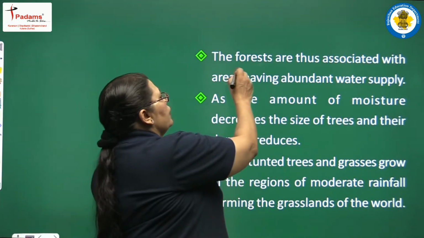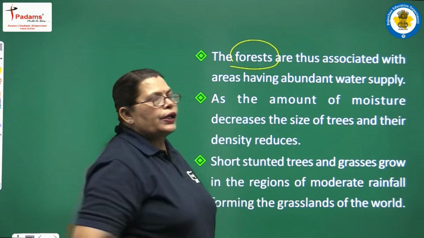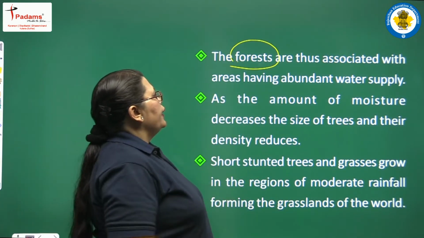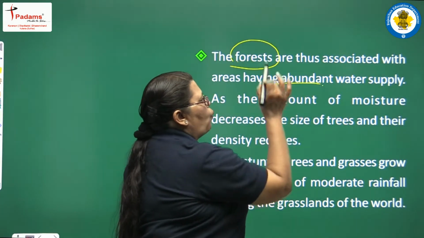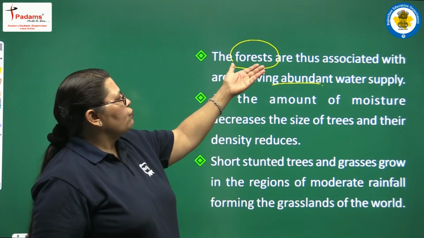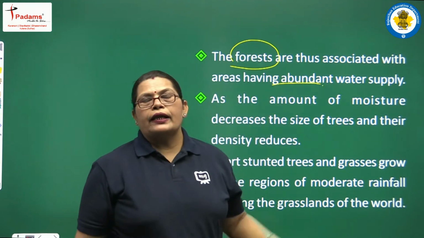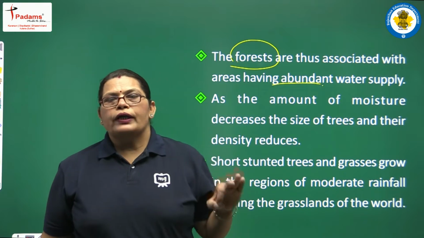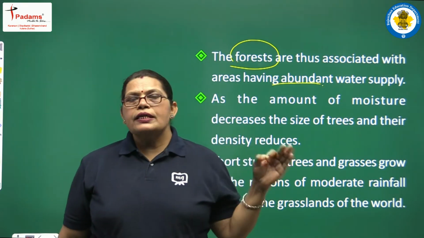See here, the forests are thus associated with areas having abundant water supplies. That is the important thing, that forest only develops because they are associated with the water supply and heavy rains are there.